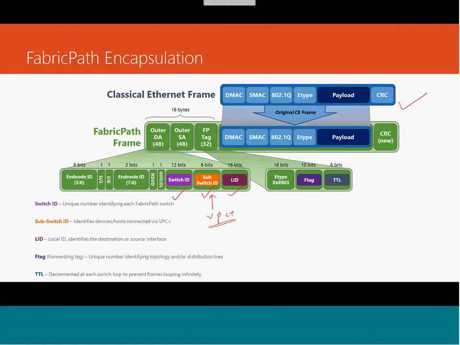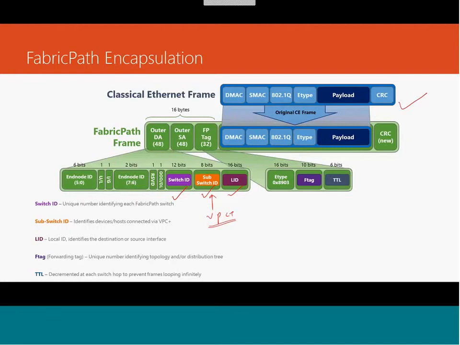The LID actually identifies the destination of the source interface or the source interface, right? Now, where it needs to go, where it is coming from, all that is maintained via this LID. The FP tag is also one of the important parts of the frame, because this really helps you with the forwarding decisions.